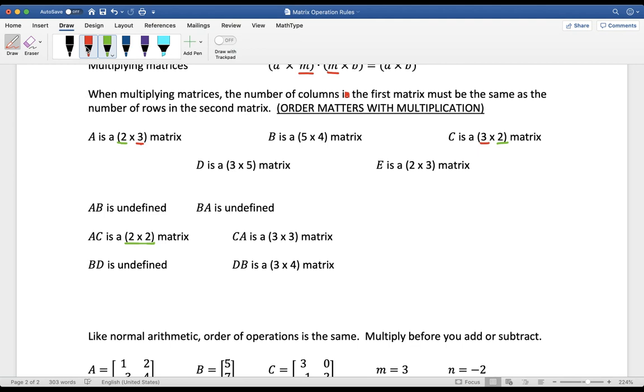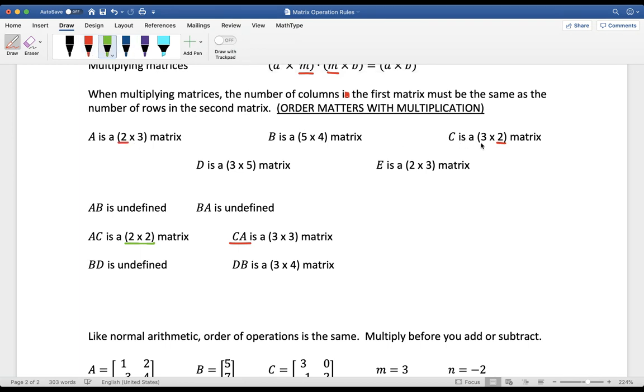But if I reverse the order, then what's going to happen is I'm going to first have to make sure that, now C, see I'm down here on this one, looking at this one, C in the first matrix, I have 2 columns. In A, my second matrix, I have 2 rows. That allows me to multiply them together.